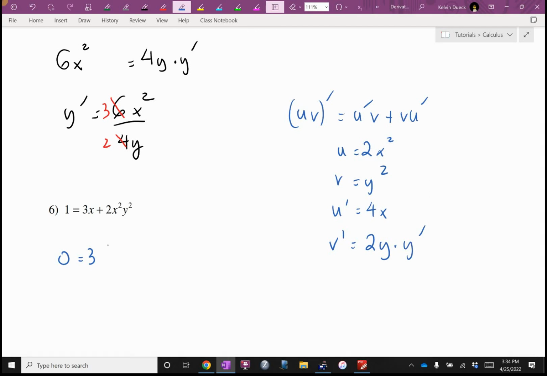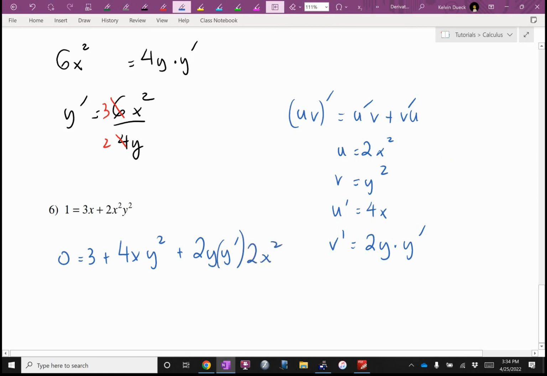Here we go. Plus u prime, 4x, v y squared. No, geez, I did it again, didn't I? V prime u. I can't even remember the product rule. V prime, 2y y prime times u, 2x squared.